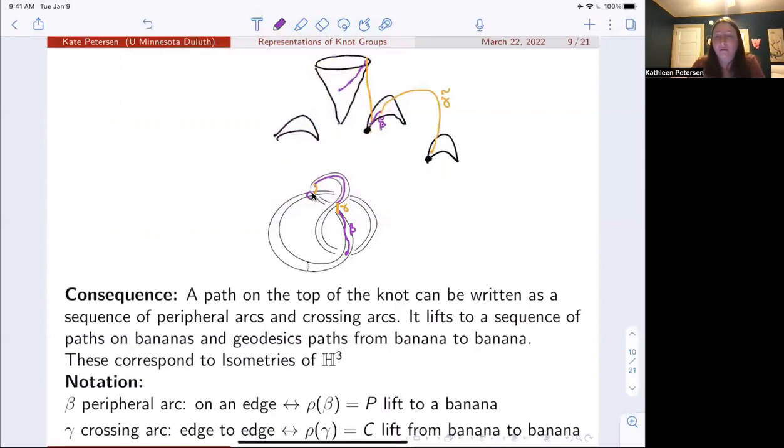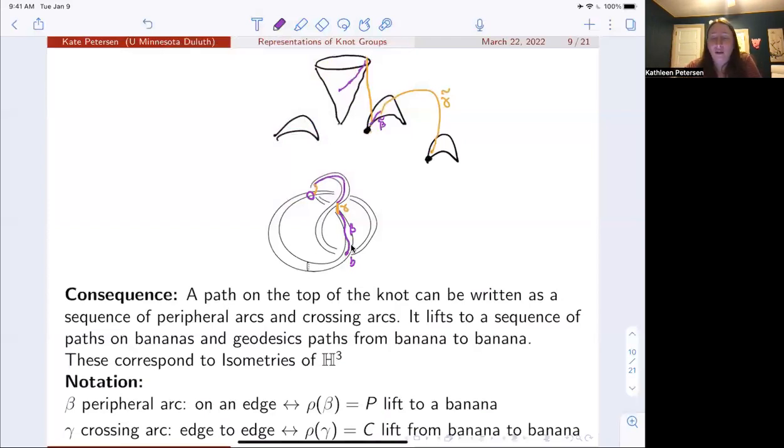Now it depends on the orientation of the knot, so I'll just draw it vaguely like that. And then go back down that gamma, back around that beta, back down that gamma, back around that beta. And if this is my base point B, I've now represented my Wirtinger generator as a sequence of these betas and gammas.